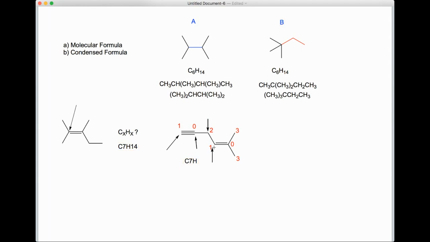Another one here. Another one here. One here. And one here. So I'm going to color code the carbons as blue.